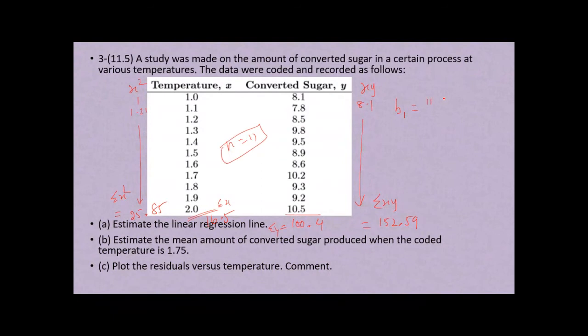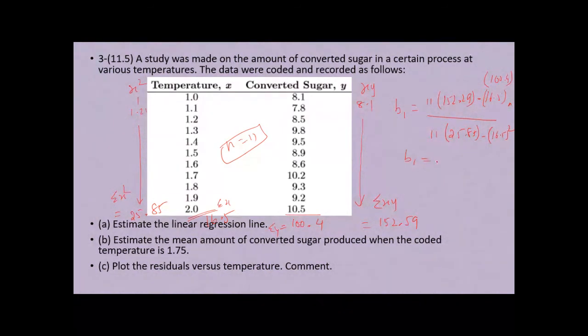So 11 times summation xy 152.59 minus summation x 16.5 times 100.4 divided by 11 times summation x square 25.85 minus summation x whole square, 16.5 whole square.